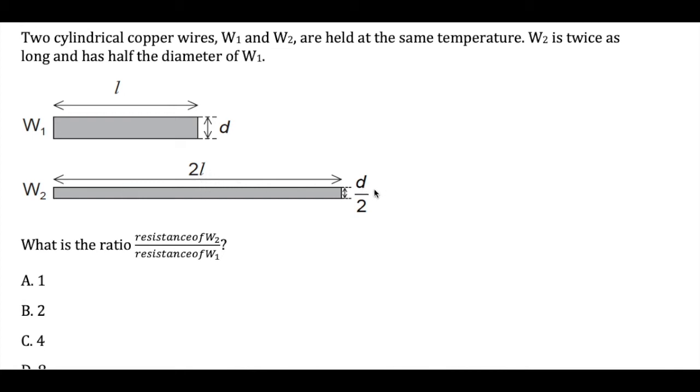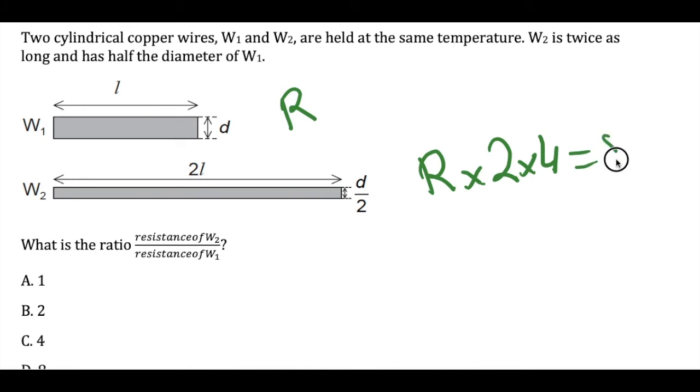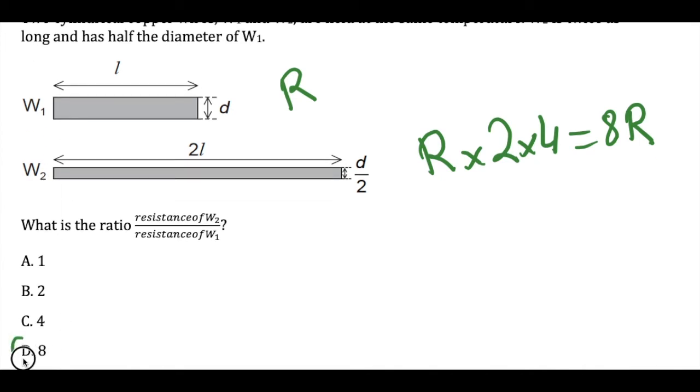And since the diameter is half, this is going to multiply the resistance by another factor of 4. So if this is 1R, this is going to be R times 2 because of the double length, times 4 because of the half diameter. So it's going to be 8R. Since we're looking for the ratio of W2 to W1, it will be 8.